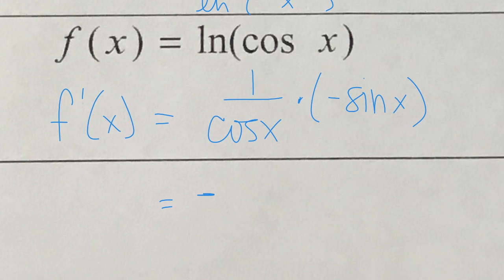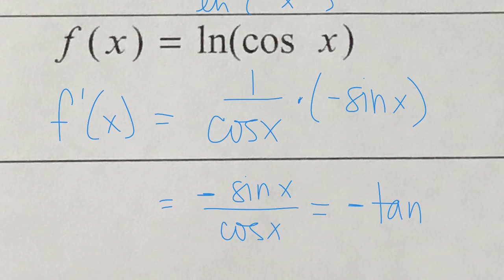So simplifying, we have negative sine over cosine. And those of you that remember your trig know this is the tangent, the negative tan. So the derivative of natural log cosine x is the negative of the tangent.